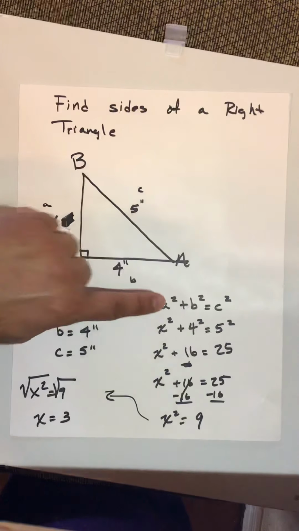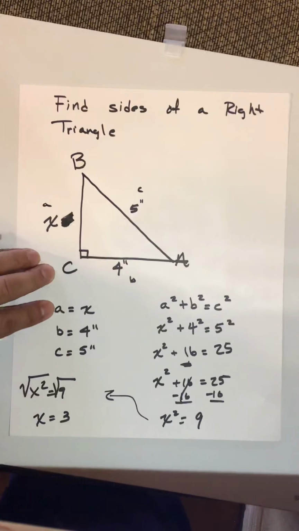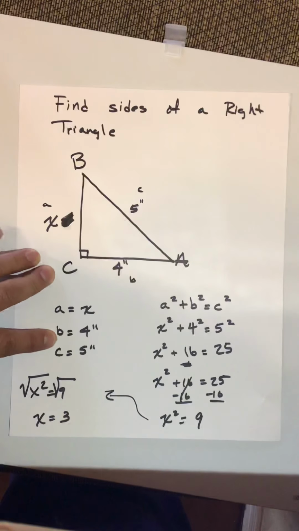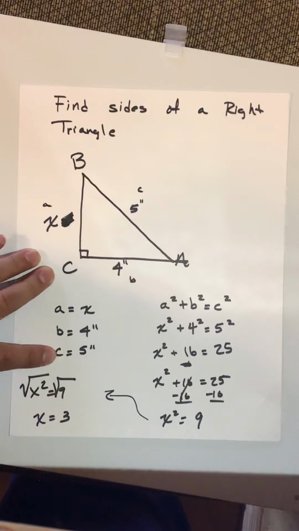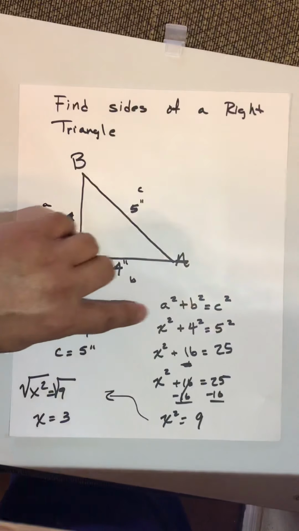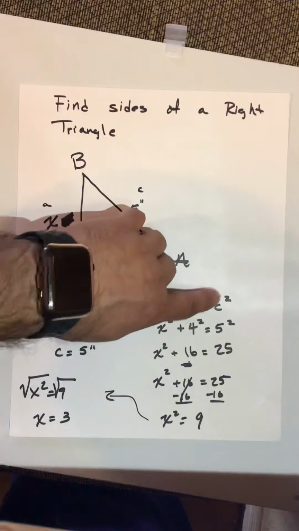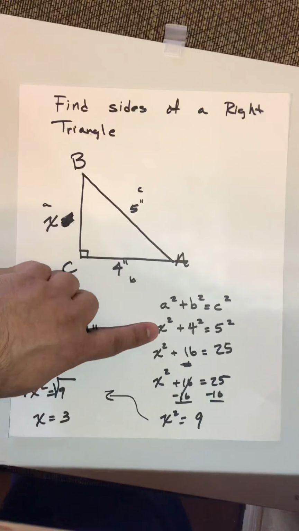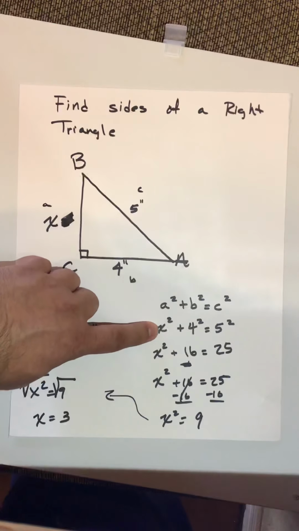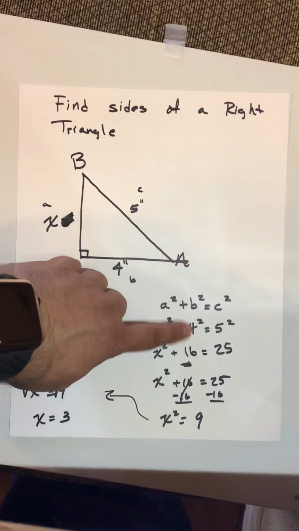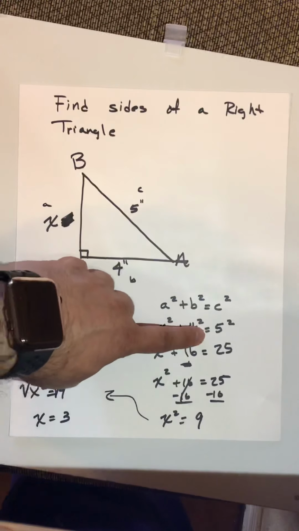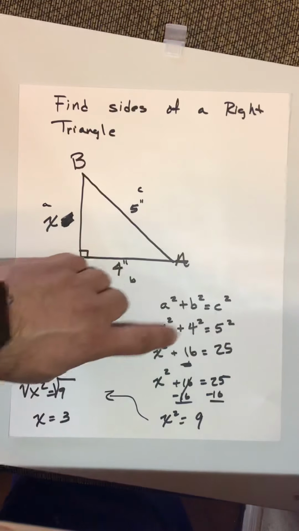Using the Pythagorean theorem. So starting off again, we don't know what side A is. We do know what side B is. We do know what side C is, right? So using the Pythagorean theorem, which is a squared plus b squared equals c squared. So a is going to be x squared, which is a number we do not know, plus 4 squared, which we know is 16, equals 5 squared, which is 25, right?